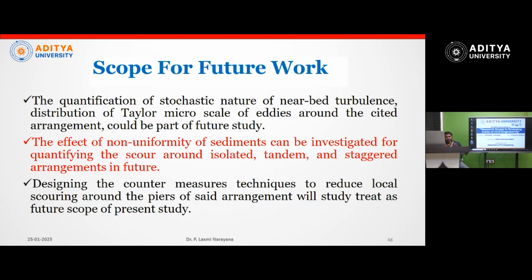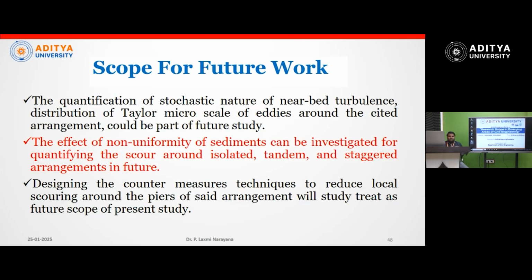These are the scope for future work. If anybody wants to do research in fluid hydrodynamics, these are three gaps that nobody has addressed. I did everything on a uniform sediment bed.